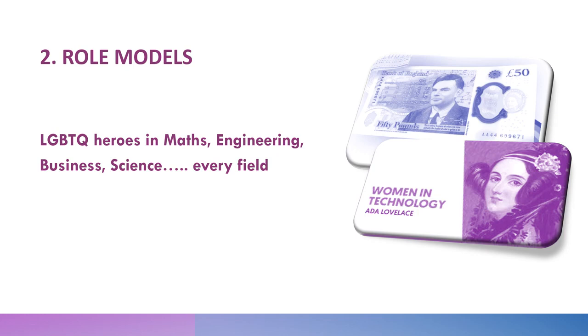For example, the theorists, the scientists we use in maths, the business leaders, the authors, historians, practitioners, researchers, and so on. And when role models mentioned in class are stereotypically heterosexual, or the content contains stereotypical images, for instance, the images of engineers, they're always men, this does not add to the sense of belonging of LGBTQ students, not to mention women who we want to attract into STEM careers.